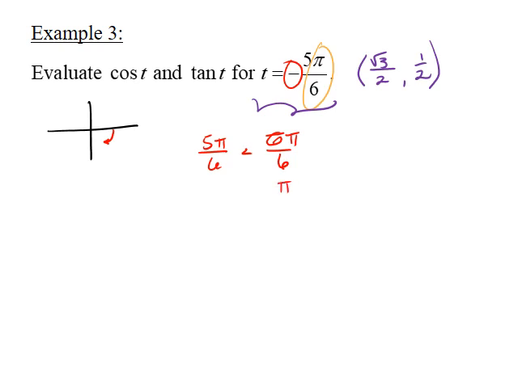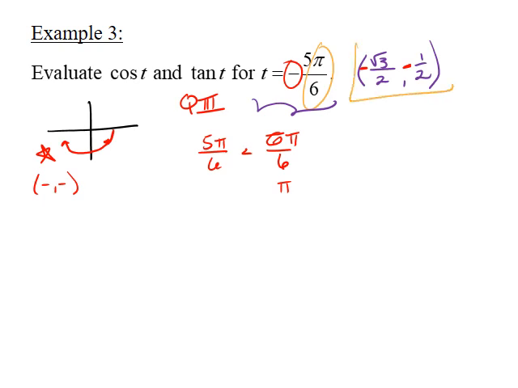So since 5 pi over 6 is just shy of pi, that means when I am traveling, I'm going to stop short of pi, which means this angle is in quadrant 3. And in quadrant 3, both sine and cosine are negative. So this is the corresponding ordered pair.